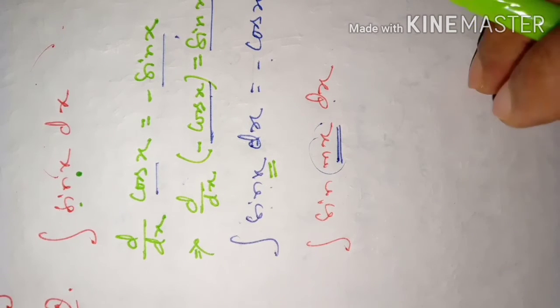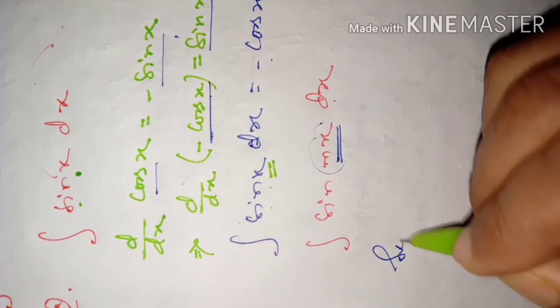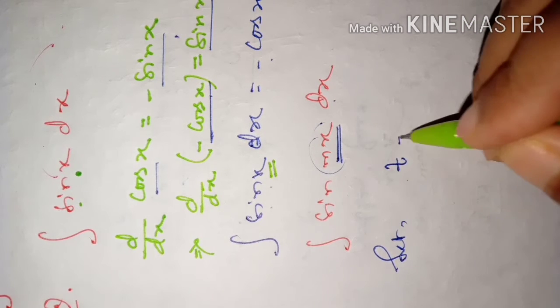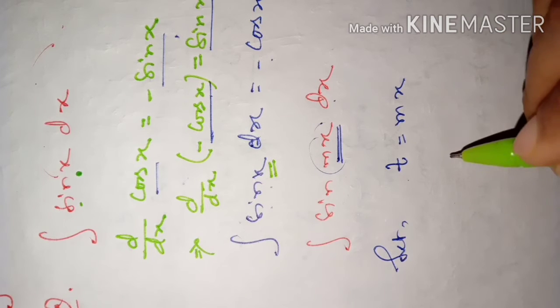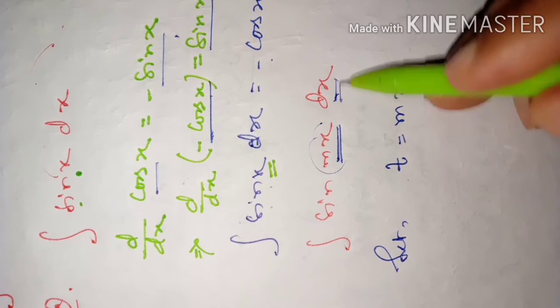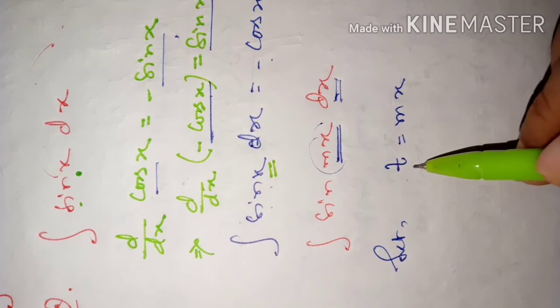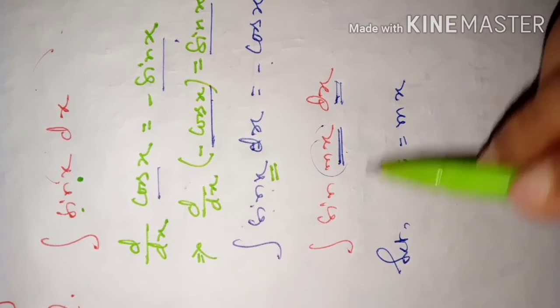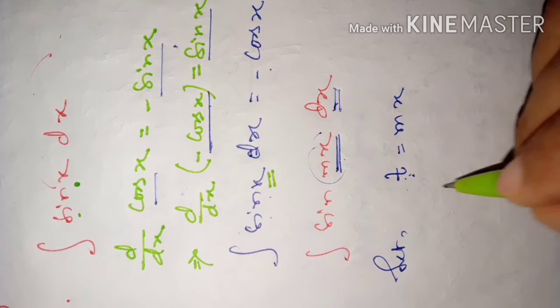That is called substitution. Means suppose let t stand for m into x. Then for dx, because it was with respect to x, now since we are changing it into t, with respect to t we have to take its integration. Means we have to find first dt.